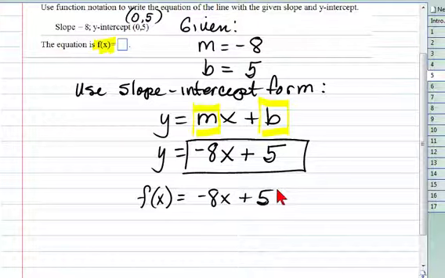It doesn't matter. F of x, y, they're the same thing. Is that okay? I described the line, you gave me its equation, but I gave you the best information I can give you, which is slope and intercept. By the way, slope is always what you need to know first.